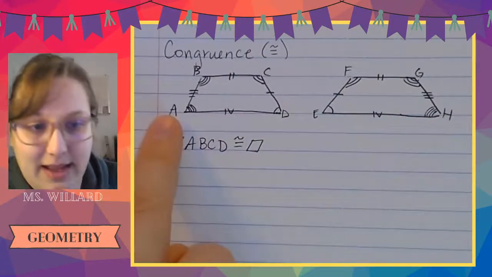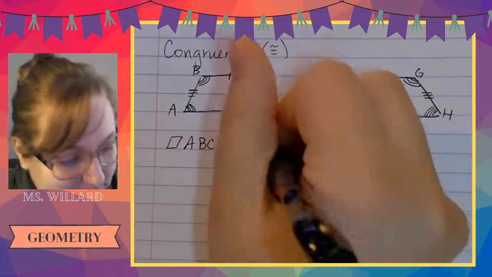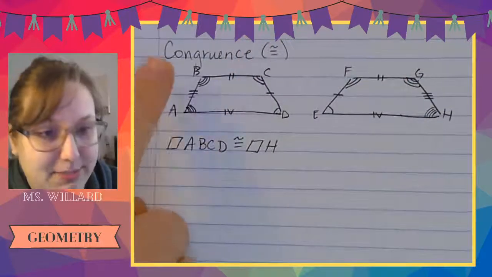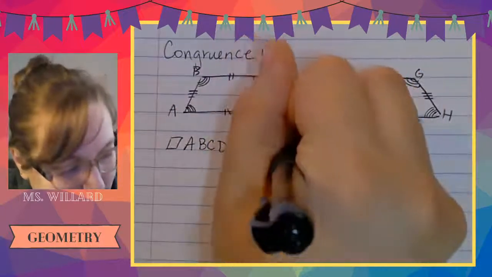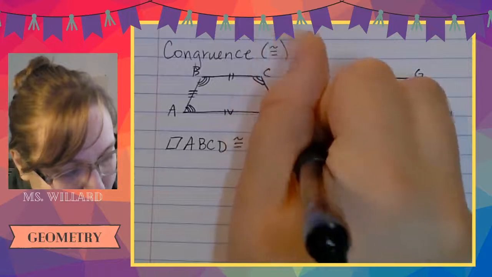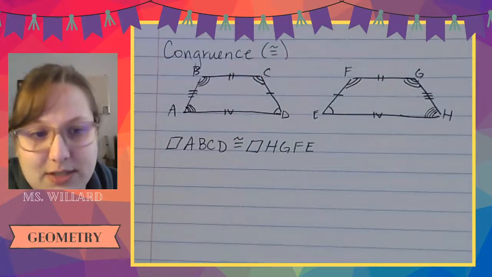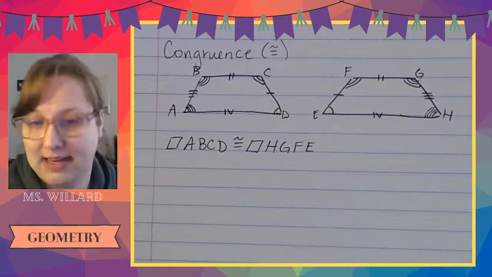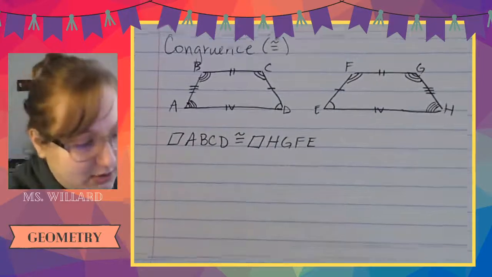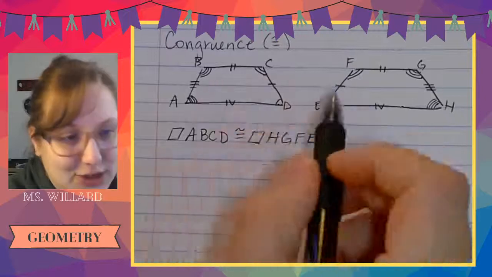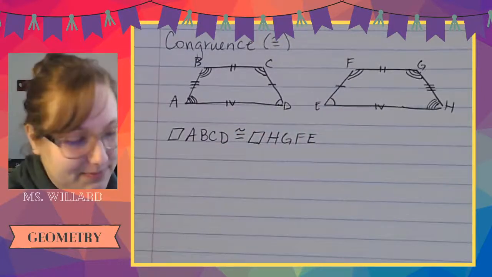So if I started with A matches H, I have to start with H. And then I went to B matches with G, so I have to go G next. And then I kind of go around in a circle once I get the pattern there. So these 2 shapes are equal in shape and size. They're congruent.